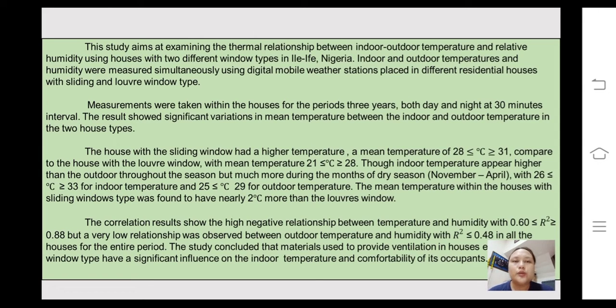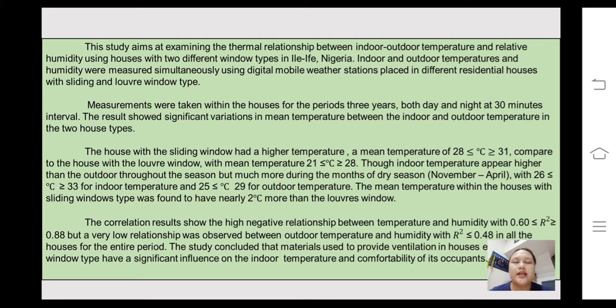The results show a significant variation in mean temperature between the indoor and outdoor temperature in two house types. The house with the sliding window had a higher mean temperature, of 28 to 31 degrees Celsius, compared to the house with the louvre window with mean temperature of 21 to 28 degrees Celsius.